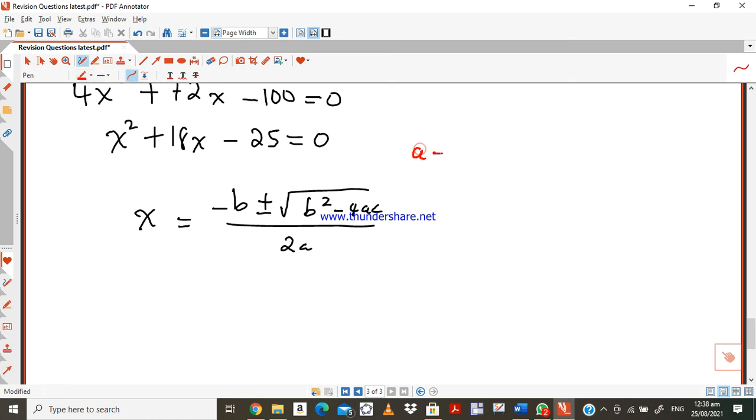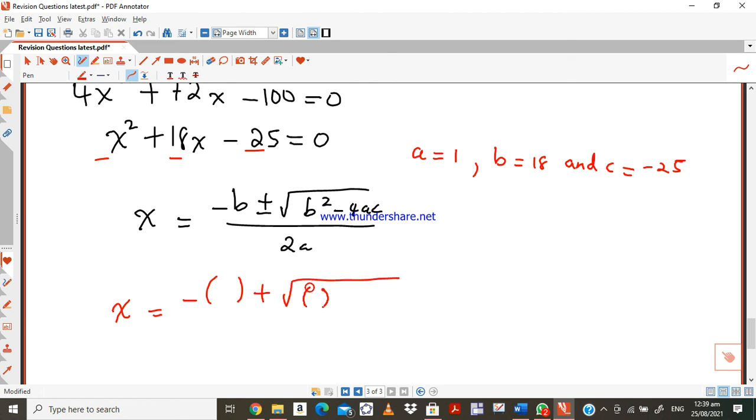In this case, our a is 1, our b is the coefficient here, our b is 18, and our value of c is going to be negative 25. So it's just a matter of substituting correctly into the formula.